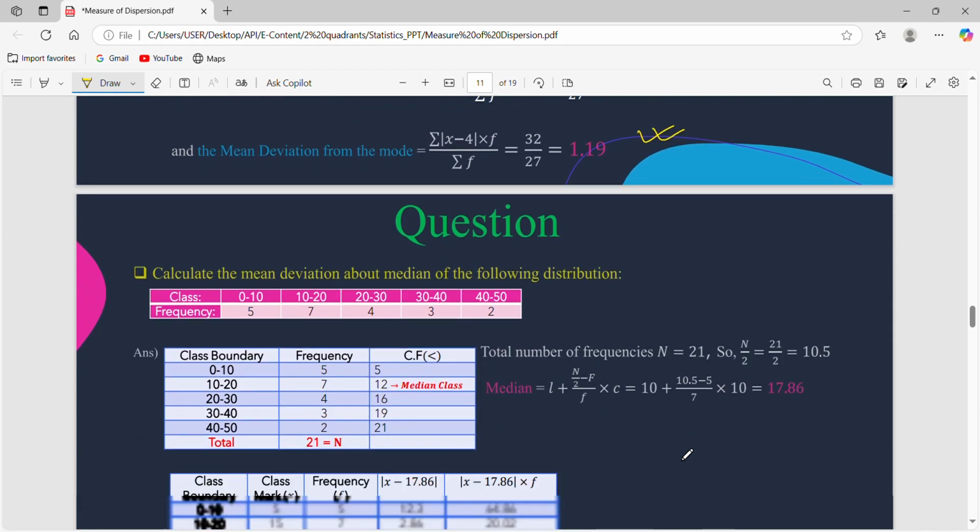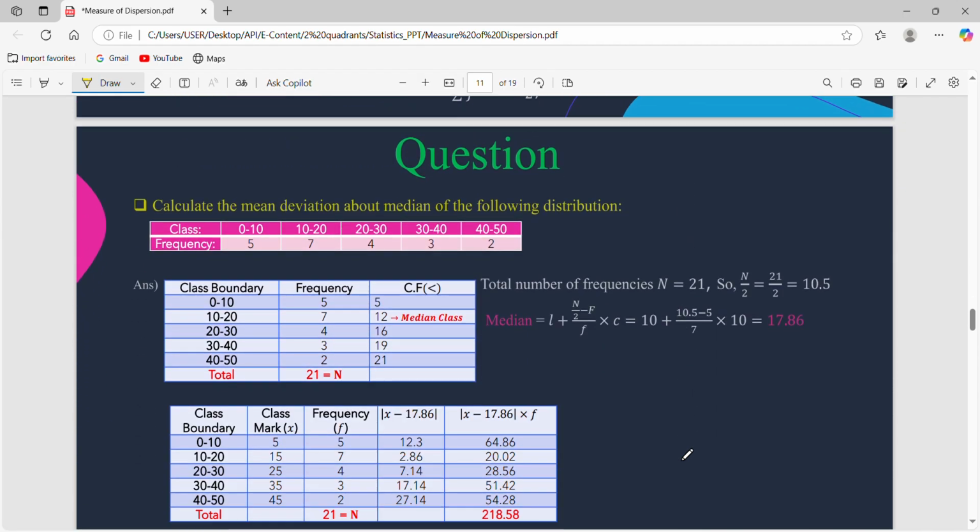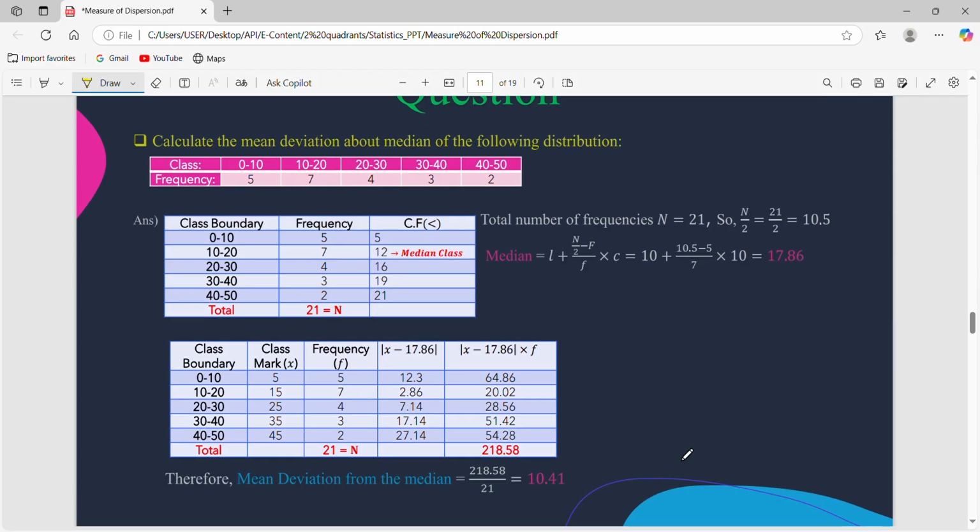Next is mean deviation about the median. In the previous case, we saw mean deviation about the mean and mode. Now here it is the median. Before finding the mean deviation, we first have to find the median, which means we require the median class. The median class is the class having the highest frequency. So this has the highest frequency, so this is your median class. Just use the formula of the median.